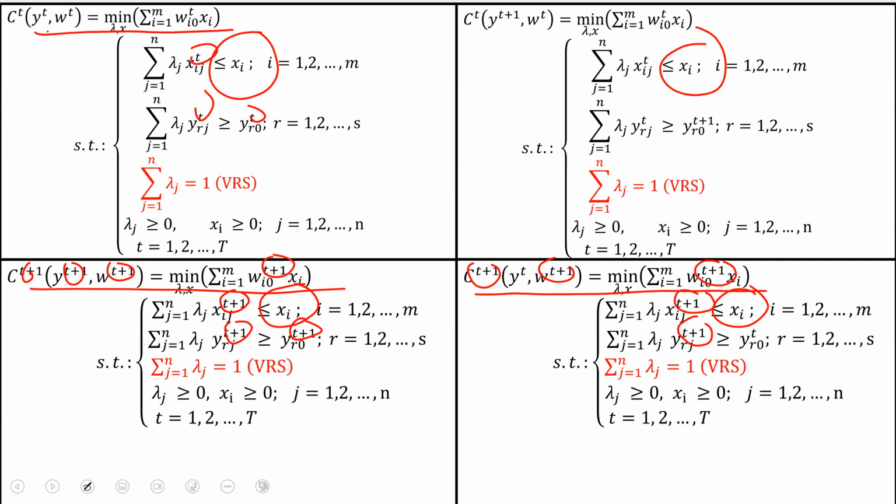When you are formulating your thesis, you need all these 4 equations together with the 4 equations for the input distance function. You need all this. As for the convexity constraints, I've given them a color of red because we will be doing the constant returns. But if you are doing variable returns, then you need to bring this convexity constraint. Don't just look at it.